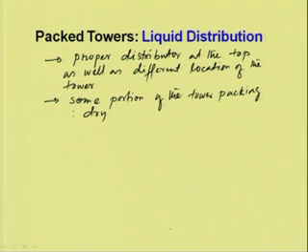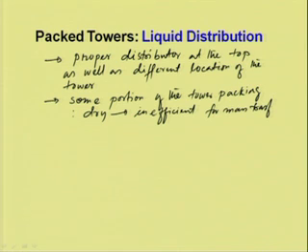So, this is dry packing, which is inefficient for gas liquid mass transfer. So, ideally the liquid should be distributed at infinite points at the top, and for this there are various devices in use.